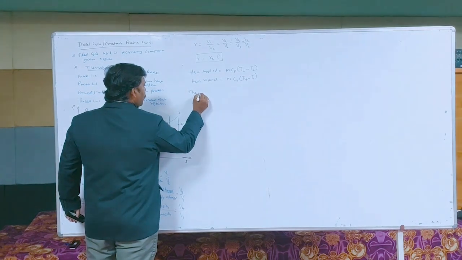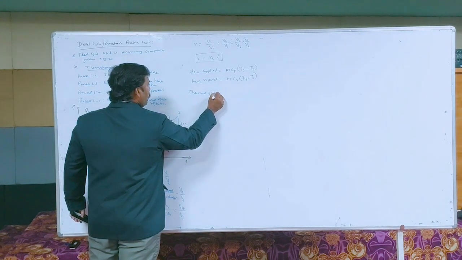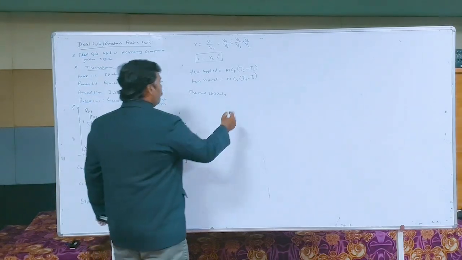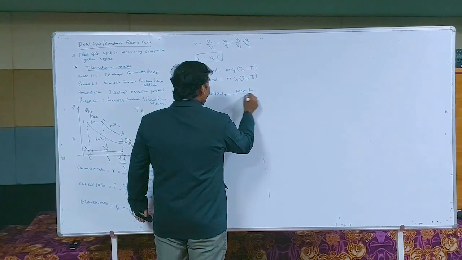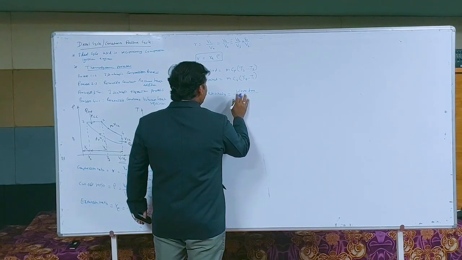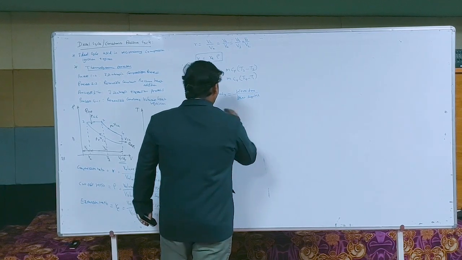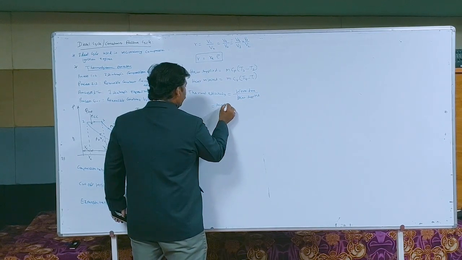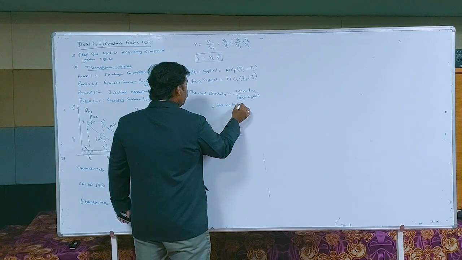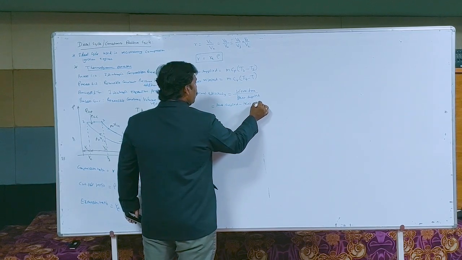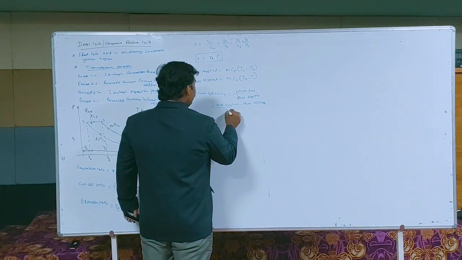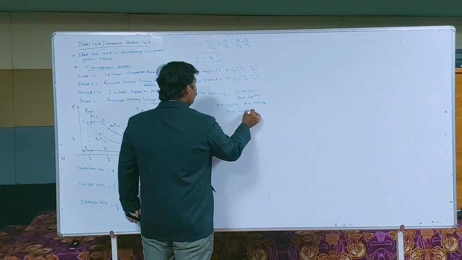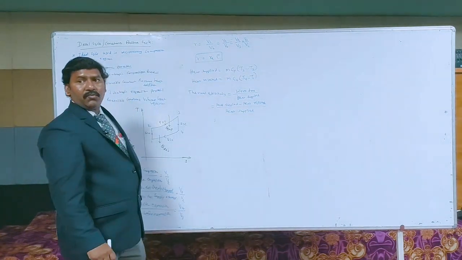The thermal efficiency of a diesel cycle can be defined as the ratio of work done to the heat supplied. Work done can also be written as heat supplied minus heat rejected, and in the denominator it will be heat supplied.